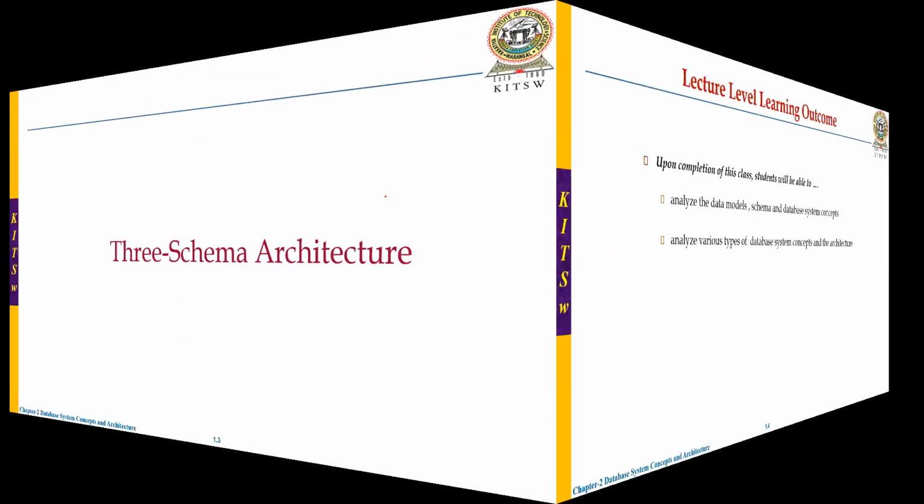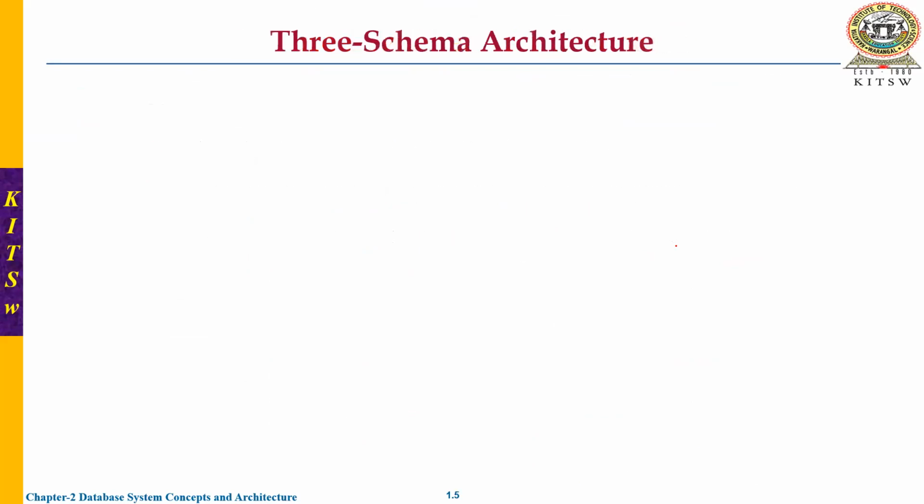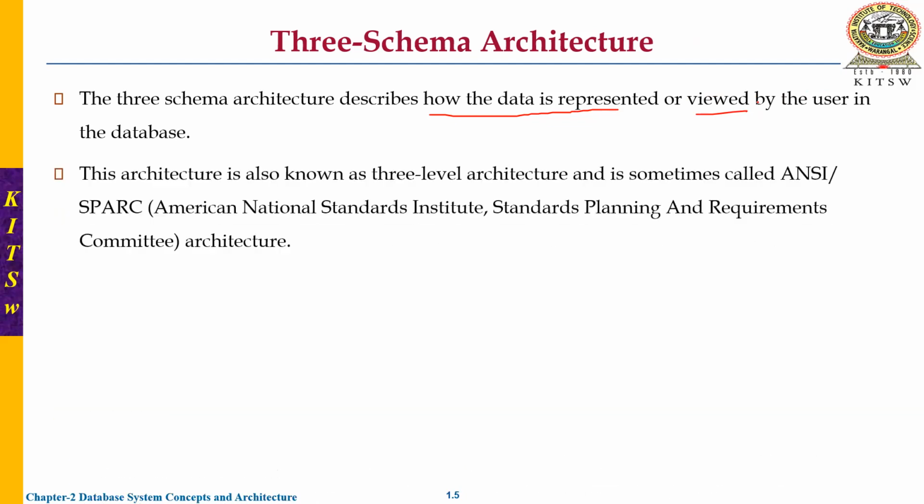Three schema architecture. Upon completion of this lecture video, you will be able to analyze the data models, schemas, and database systems, and the variety of database system architectures. The three schema architecture describes how the data is represented or viewed by the users in the database.